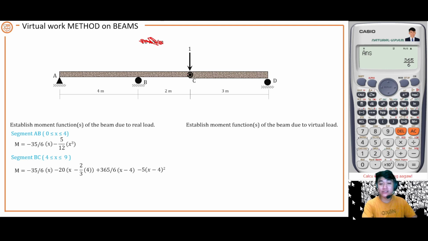If the answer is positive, meaning the assumption is correct. For this case, we have to solve the reactions at the support. So again, you have to cut the beam at point C and then solve the reactions at the supports. This is your C and this is your 1 unit load.